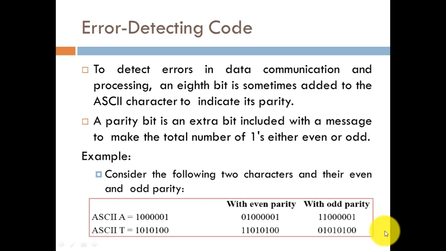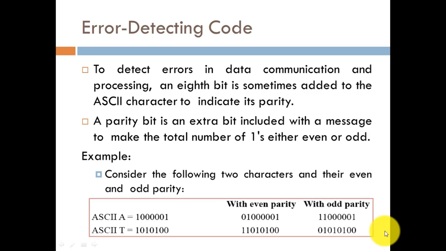Consider the following two characters and their even and odd parity. ASCII of capital A is represented as the 7-digit code 1000001, and ASCII T is represented as 1010100. With even parity, we add an extra digit, so the total turns out to be 8 digits.